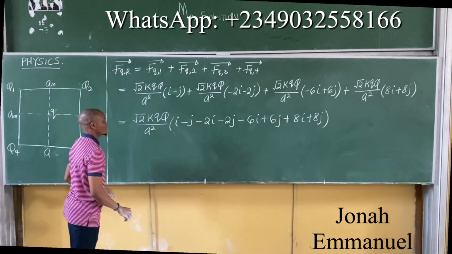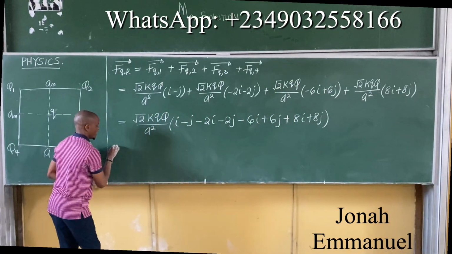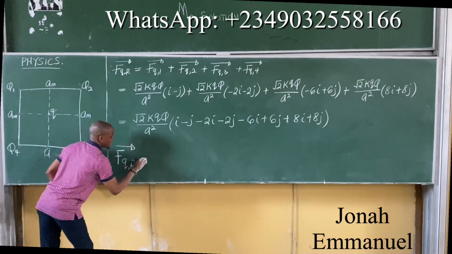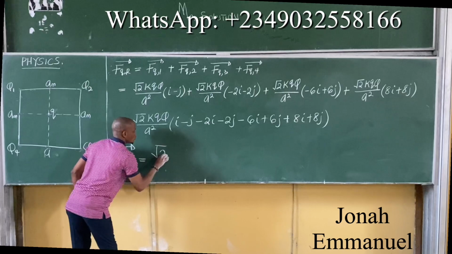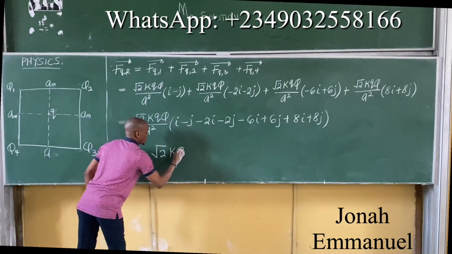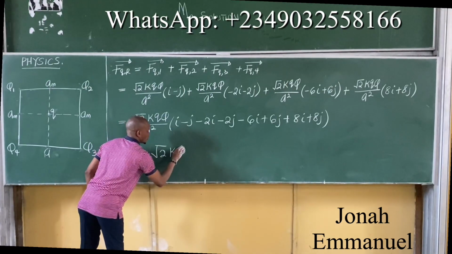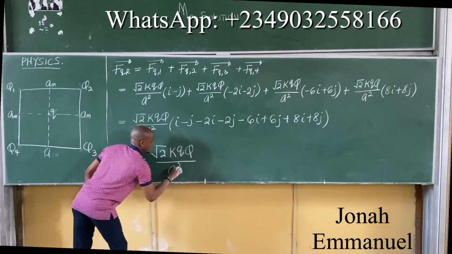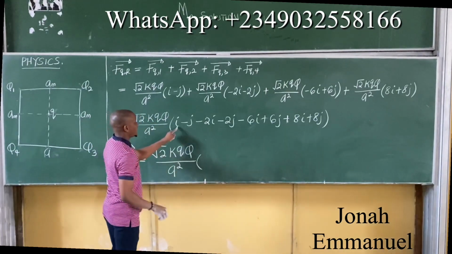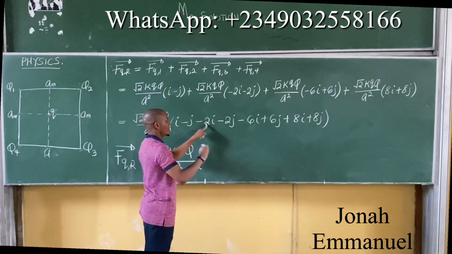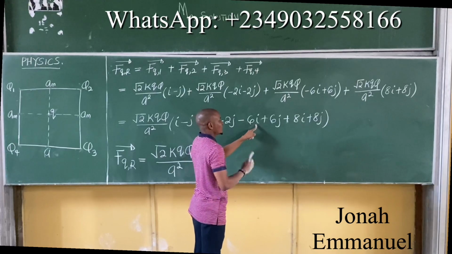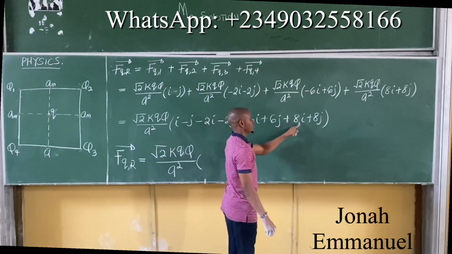So work them out. FQ resultant is now equal to root 2 KQQ all over A squared into I minus 2i minus 6i plus 8i.